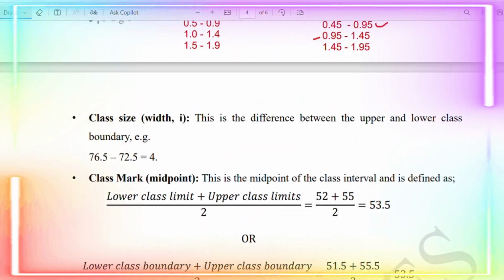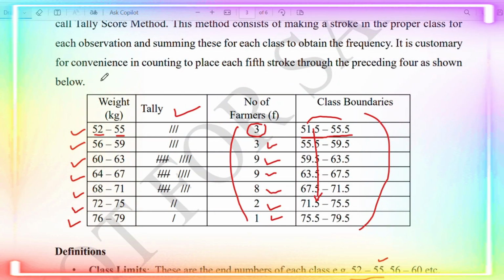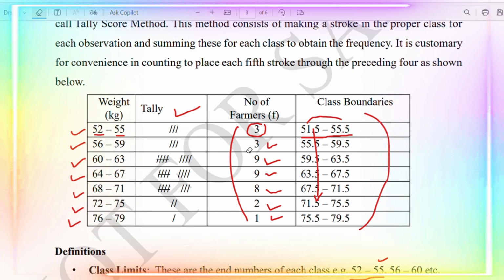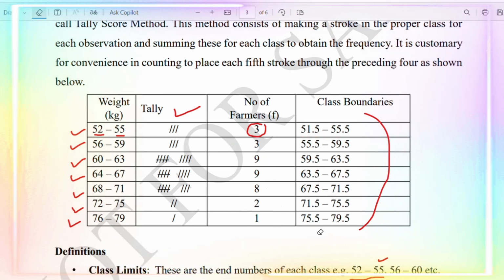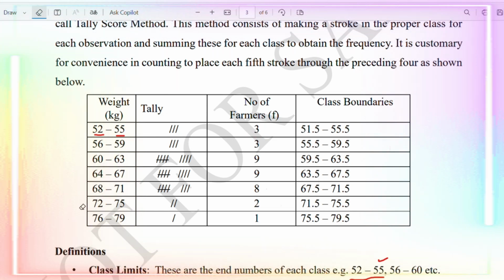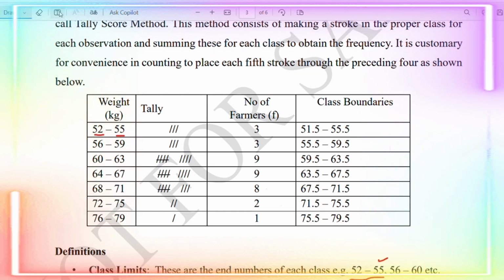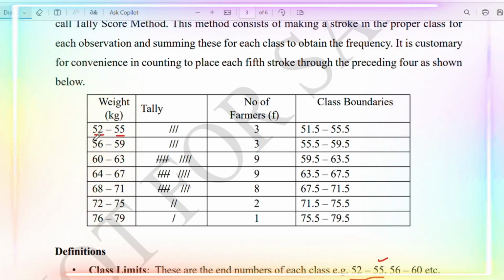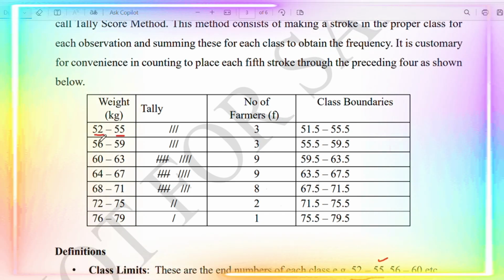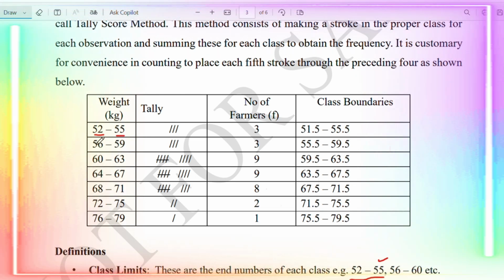Take for example, let's say you want to obtain the class midpoint for this table. Like I said, it is the average of the lower class limit and the upper class limit. That is 55 plus 52 divided by 2.